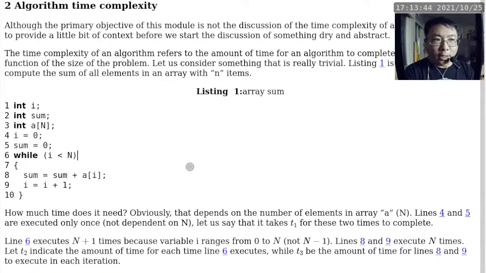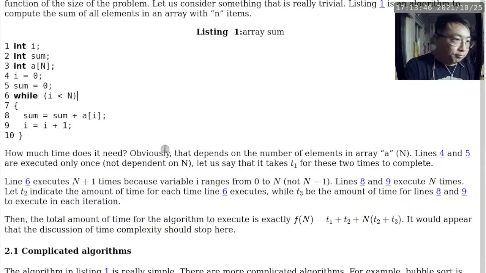Now we're going to look at this algorithm and break it up: which part is done exactly once, and which part is in the loop. For the stuff in the loop, there is one thing that we have to do one time more than the rest. I have used T1, T2, and T3 to denote certain things.